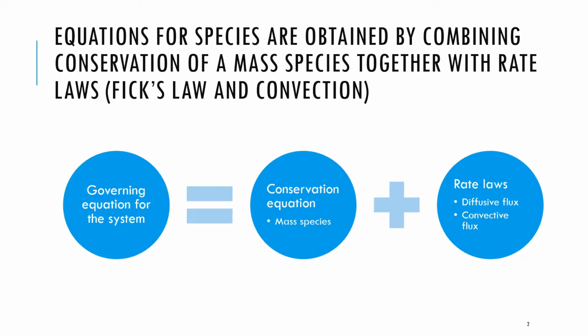We are going to derive the governing transport equations for each one of the phases of water, water vapor, and air. The governing equation for each one is derived by combining the conservation equation for each of the species and the transport rate laws.